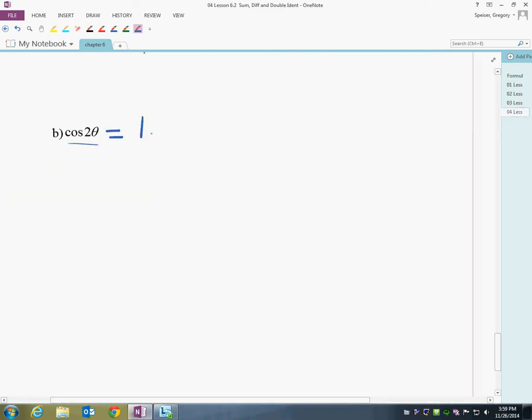It's 1 minus 2 times the sine squared of theta. Now just a little note about what sine squared theta means. I really wish that they had written it this way: sine theta all squared, because this is what it really means. Mathematically, this is more consistent with what we do altogether.